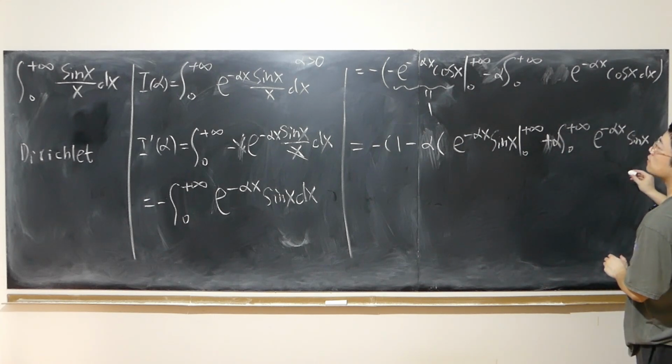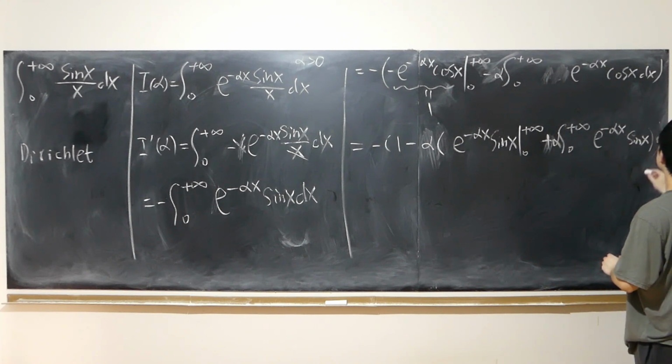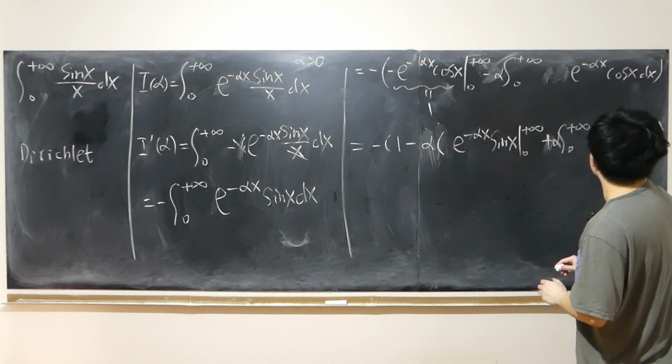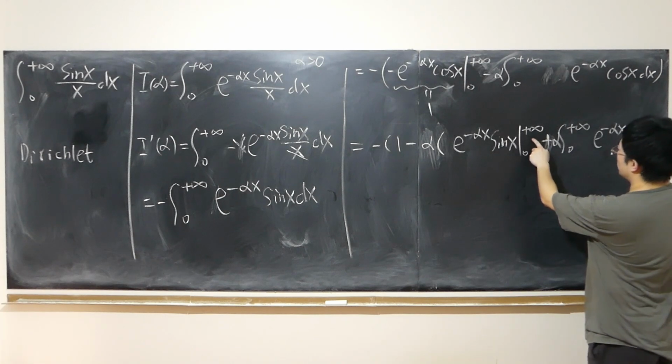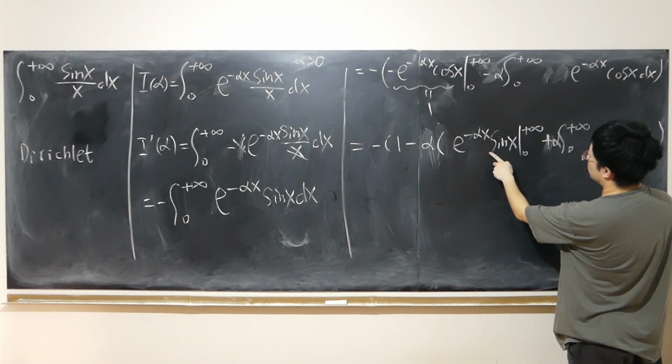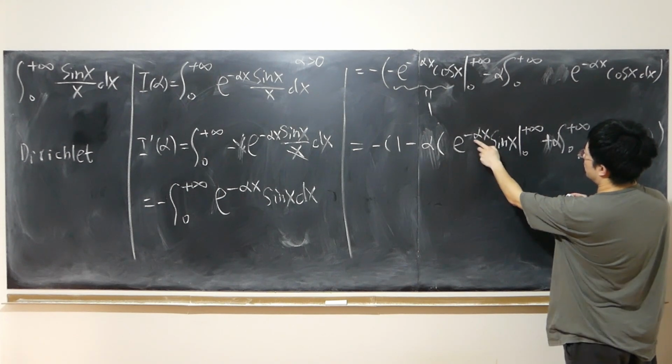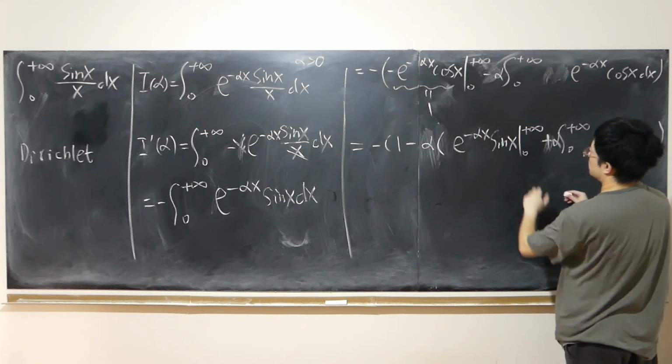And so plugging positive infinity in here, I still have 0, approaching 0. Plugging 0 in here, also 0, so this is gone.